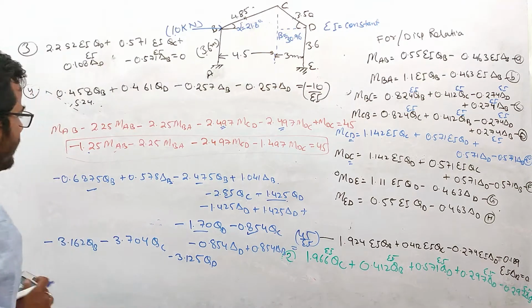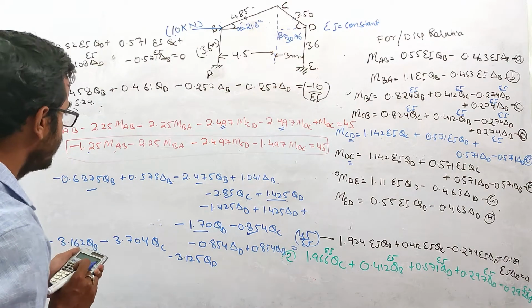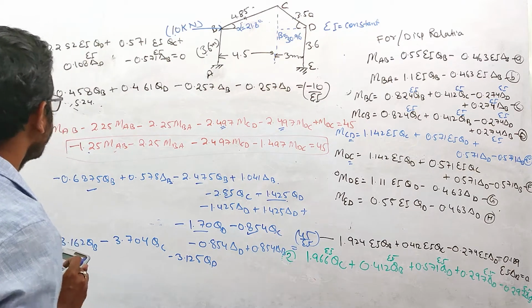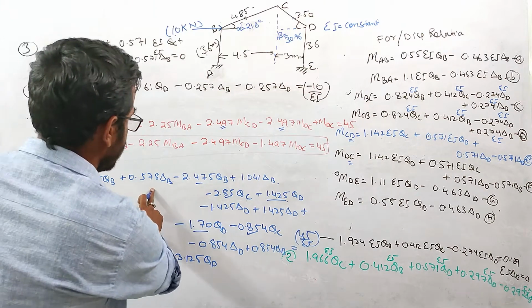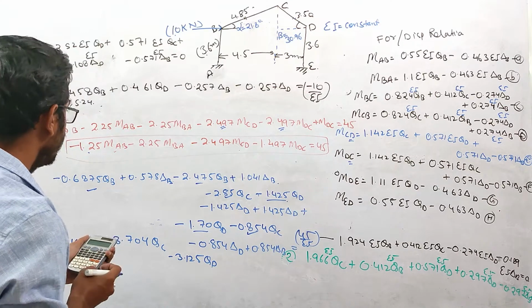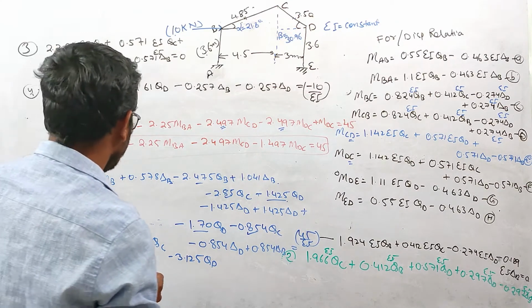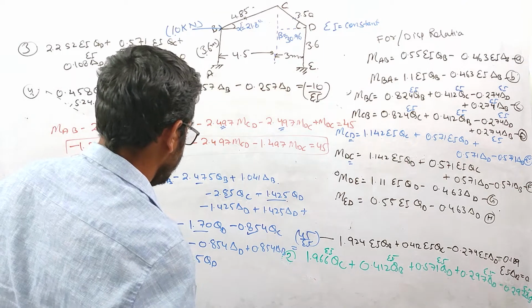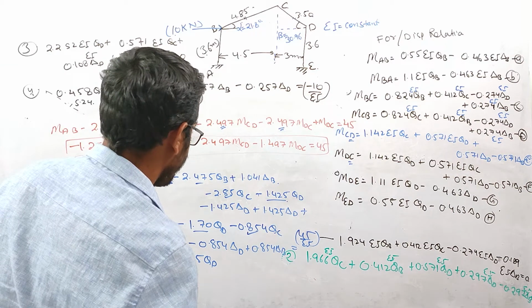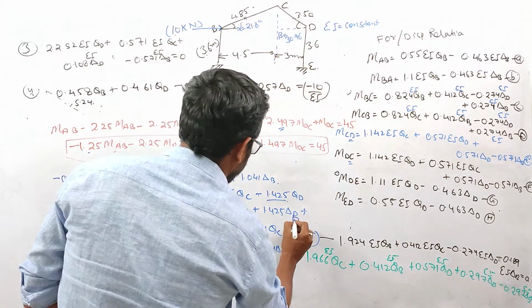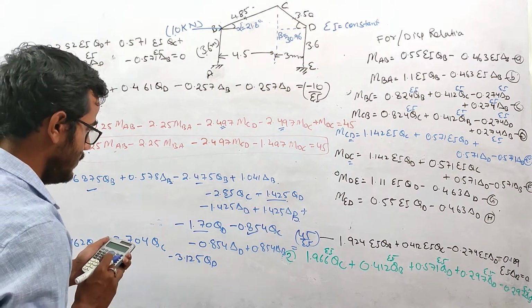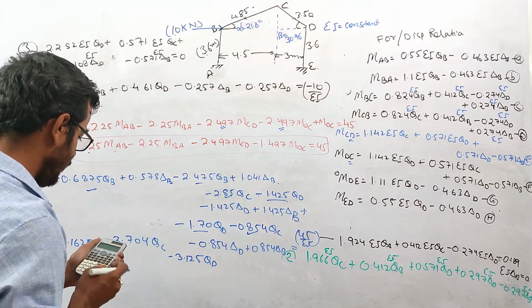And the coefficient of delta B is 0.578 delta B plus 1.041, this is delta B basically, plus 1.425 and plus 0.854.